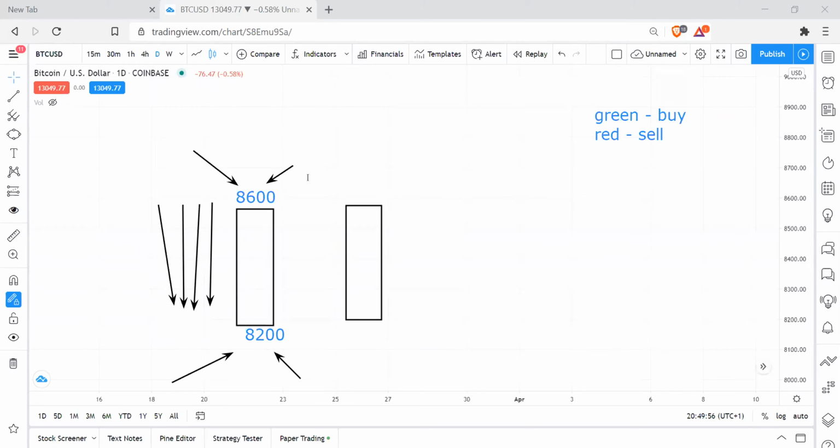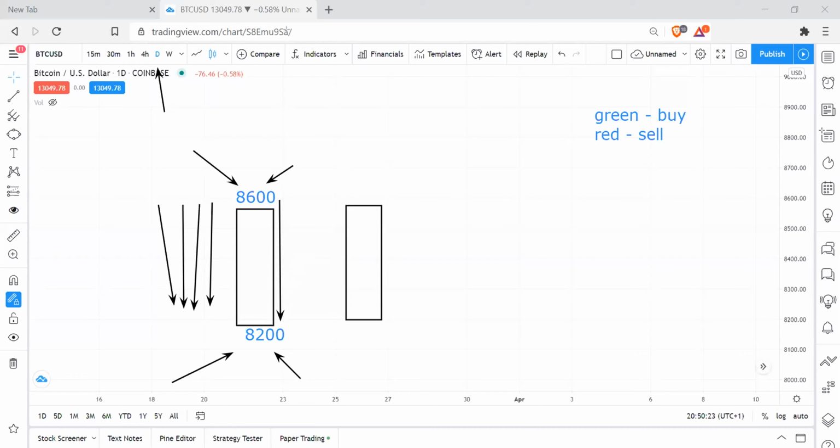So the price of Bitcoin first was 8,006. And then at the end of that trading period, at the end of the time that the candlestick calculates, and this is the daily time frame, let's say at the end of one day, the price of Bitcoin went from 8,006 all the way down to 8,002. What does that mean? That means that if you had one whole Bitcoin before, you just lost $400 worth of value.